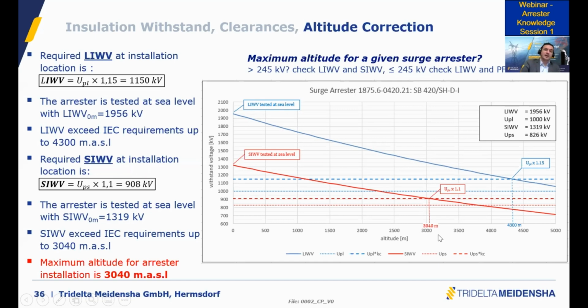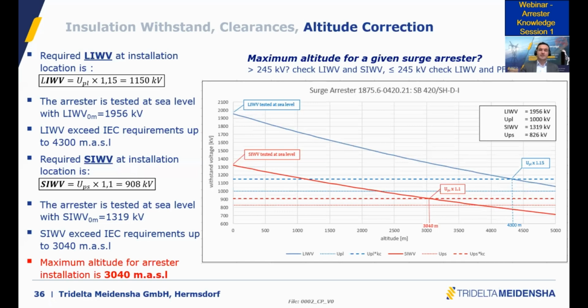Of course, we take the worst case scenario, and in that case we will guarantee the arrester for proper operation at 3,040 meters. And this is important because in general, when we make a brochure or a catalog, we always specify 1,000 meters because it's quite challenging to specify a value for each type or each configuration.